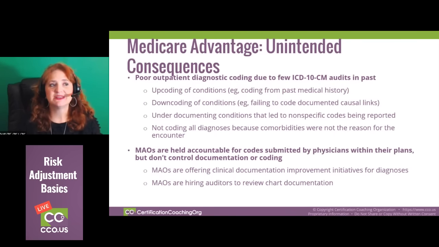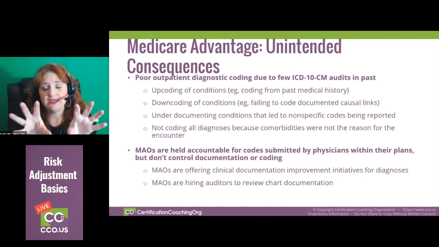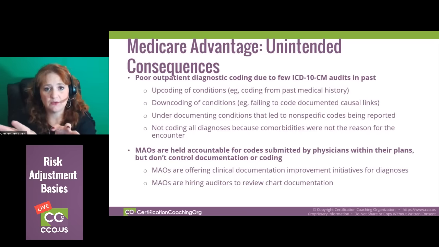So what are some of the consequences of how risk adjustment works? Well, ultimately, if we have very poor outpatient coding for diagnoses, then the information's not going to be captured, and patient A and patient B that we just talked about are going to both get paid $100 a month, not the patient, the MAO.